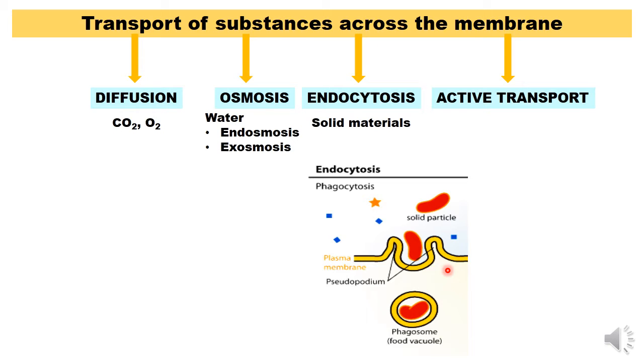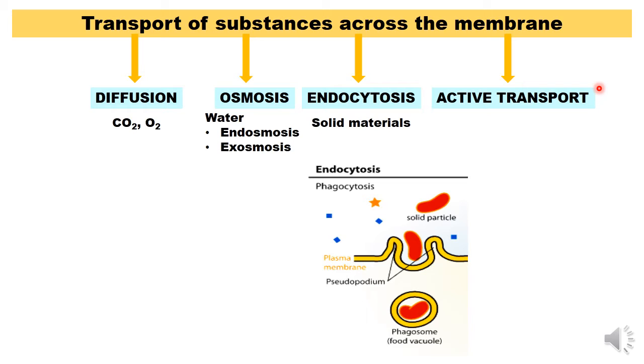Now, so far you might have noticed that in diffusion and osmosis I had used the word spontaneous movement, by which I mean that there is no expenditure of energy involved. But there are certain substances which need to be actively transported in or out of the cell, and there are certain conditions where we need to defy the concentration gradient.